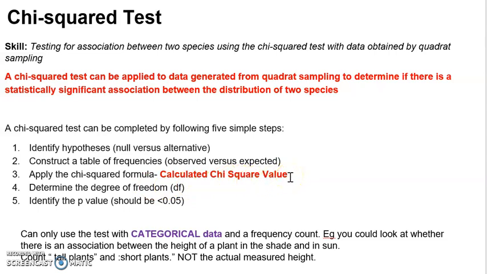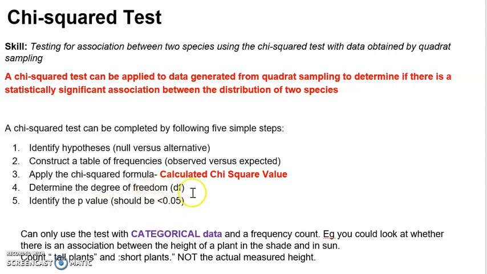We then work out something called the degrees of freedom, which won't make sense now, but will hopefully at the end of the video. And then using that degrees of freedom, we look up some probability tables for chi-squared, and we're going to look at a p-value and we're going to compare our p-value with our calculated value to establish whether or not our results are due to chance or whether our results support or reject the values that we've got there.